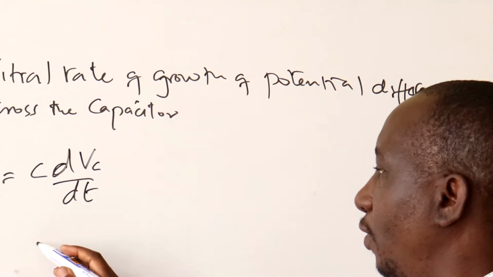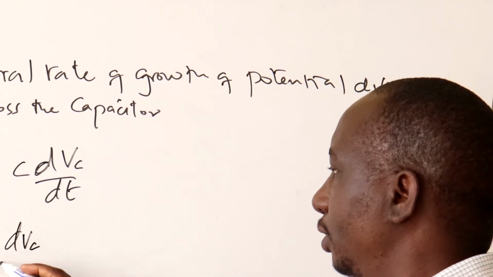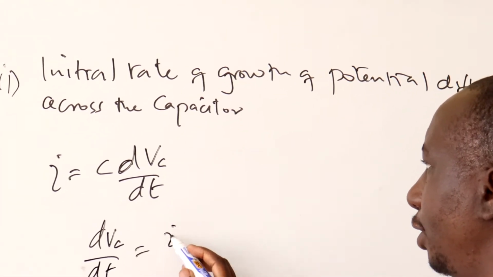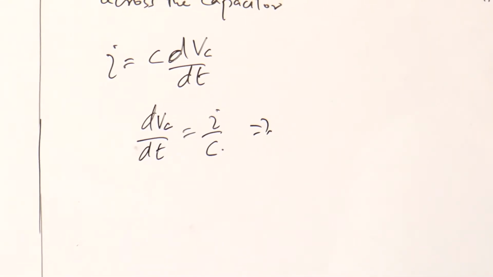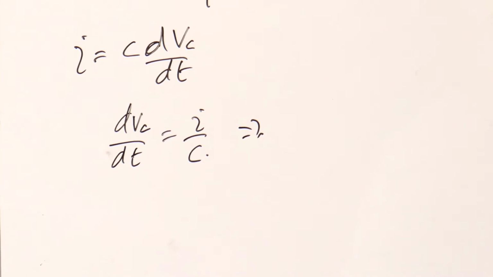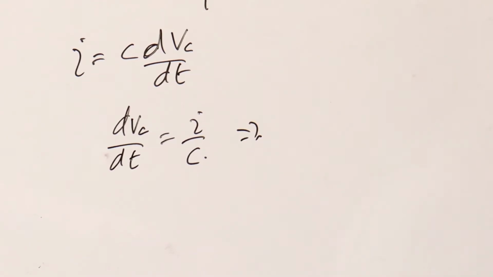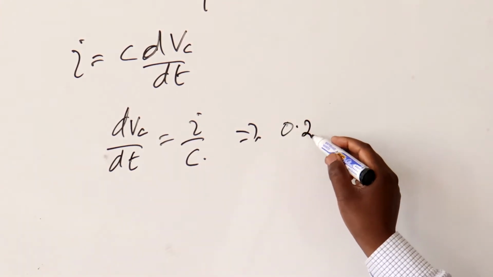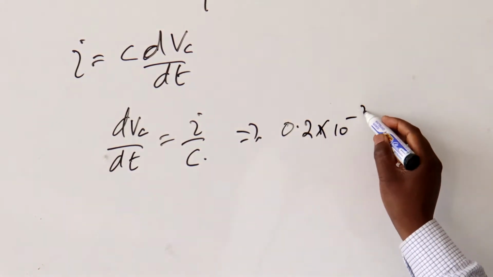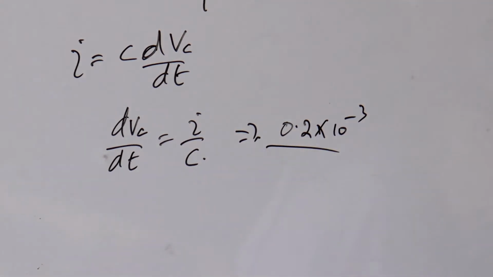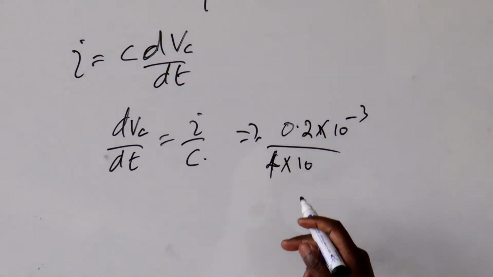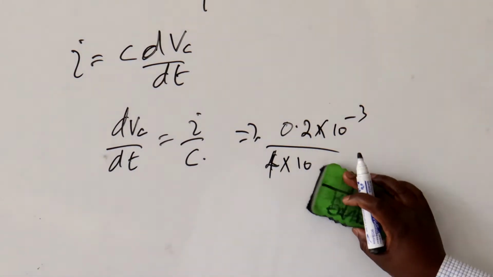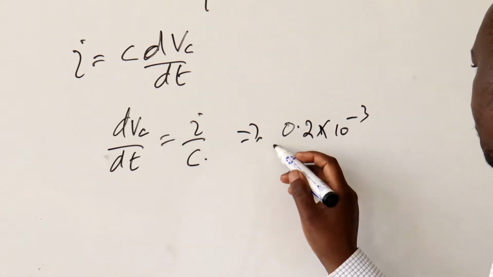That means that our dVc/dt is supposed to be I over C. And our I is whatever we have found out to be, 0.2 milliamps. That is 0.2 times 10 to the power minus 3, divided by the capacitor, which is 4 times 10 to the power minus 6.